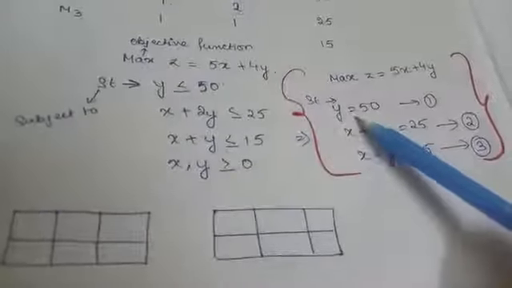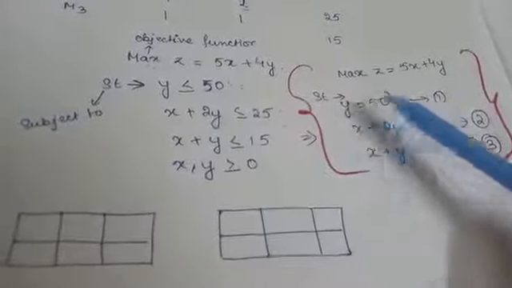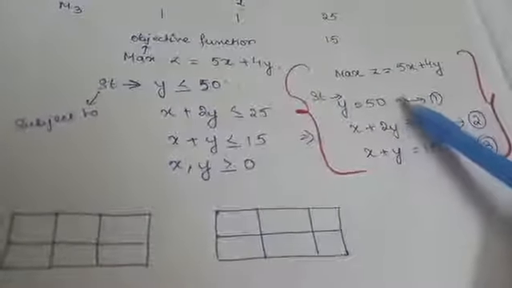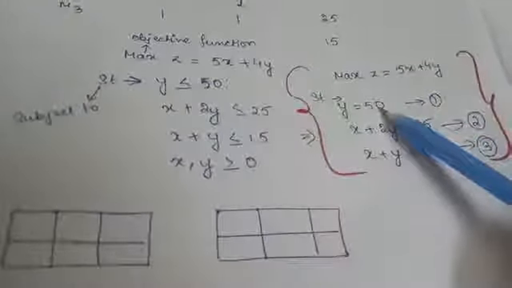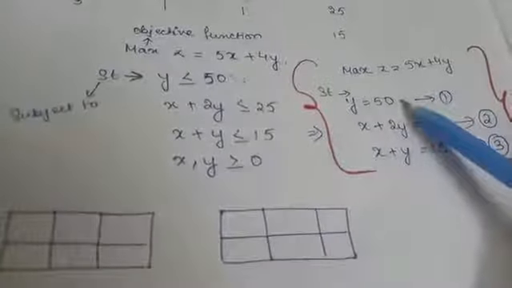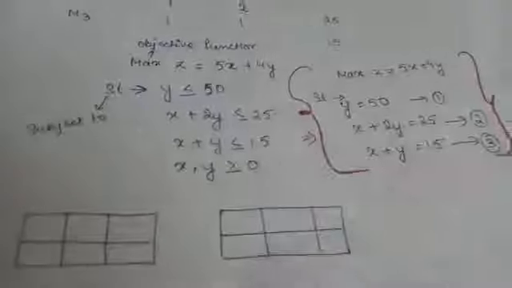So for this equation I don't need to equate it anymore, because already y is given, and when y is given x is not there. So automatically you have to understand that for the first constraint x will be equal to 0. So x is 0, y is 50. So it's done. So no need to create any extra box.